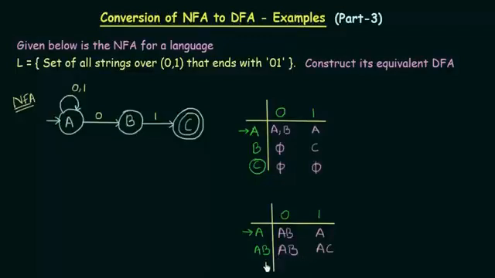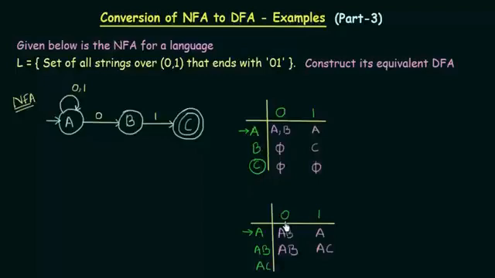What will be the third state in this table? The states reachable from here are AB and AC. AB is already done, so the next one is AC. We make a new state AC, and let's see what happens to AC. For checking AC, we perform the union operation of A and C in this table.